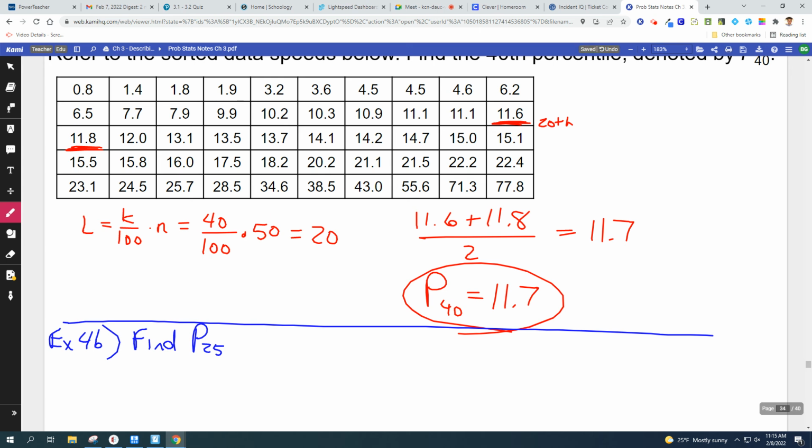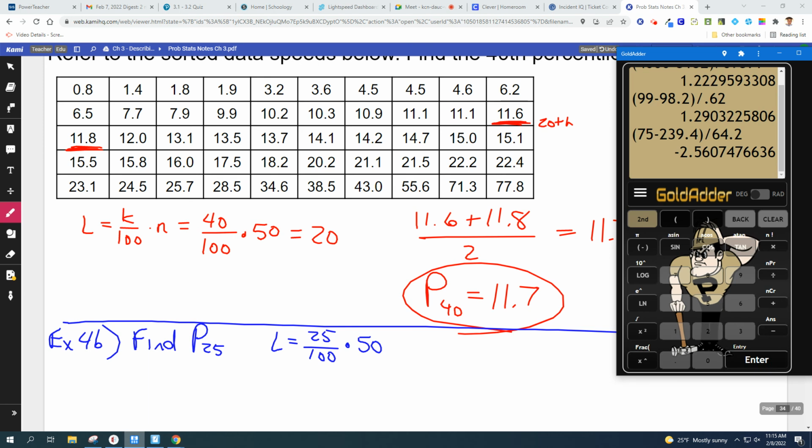So 25% of the numbers are below this number. So first thing we want to do is find that locator. L equals 25 over 100 times 50. It's 12.5.